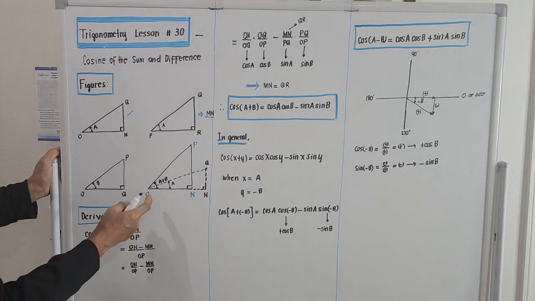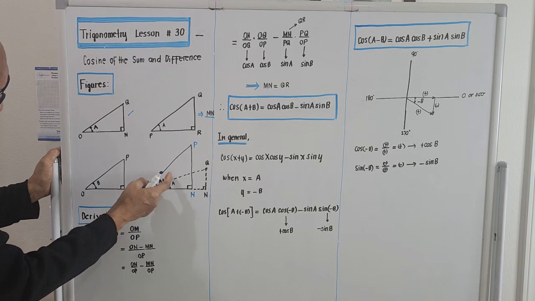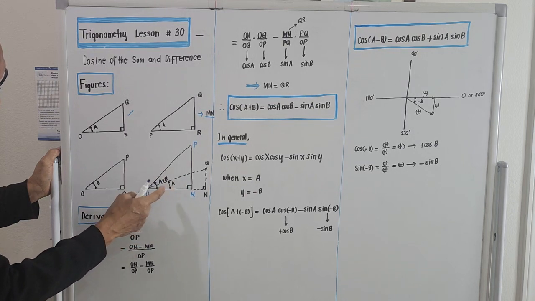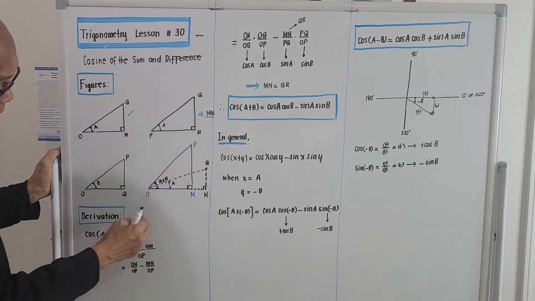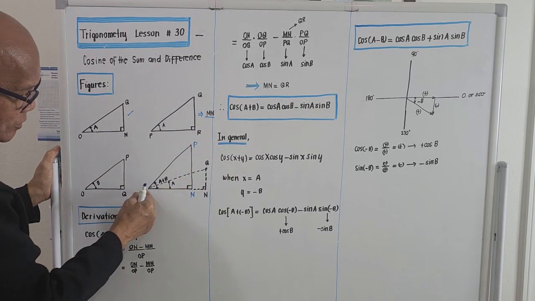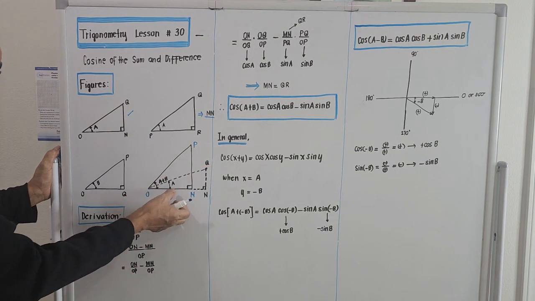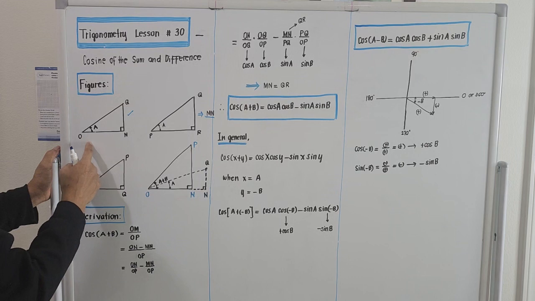The total angle is the sum of angle A plus angle B, so the corner notations of angle A plus B are O and P. And I inserted this dotted right triangle. This is angle A.